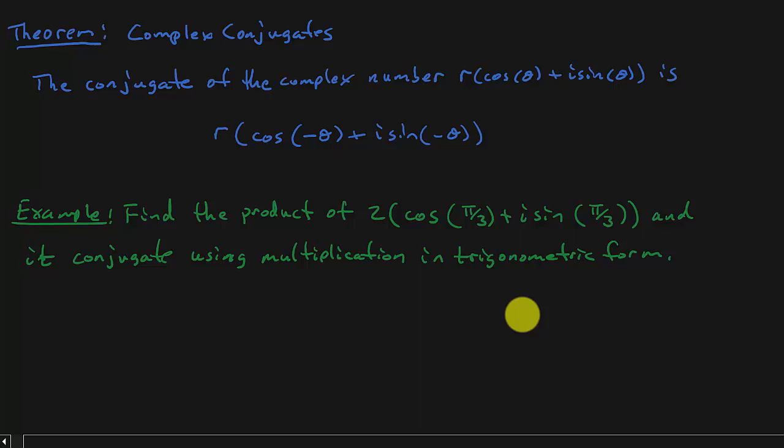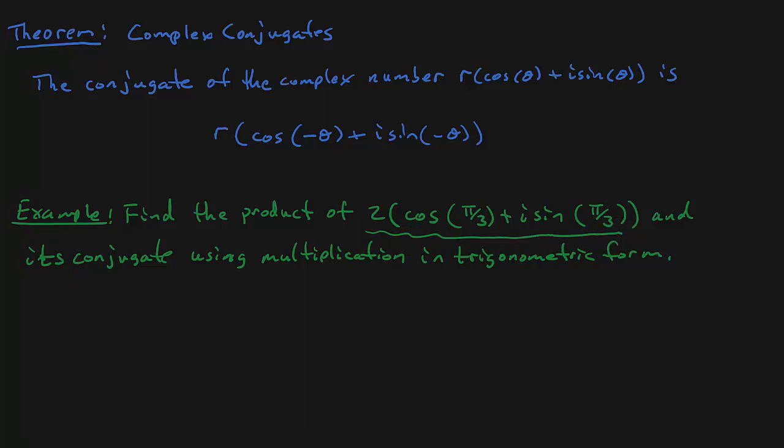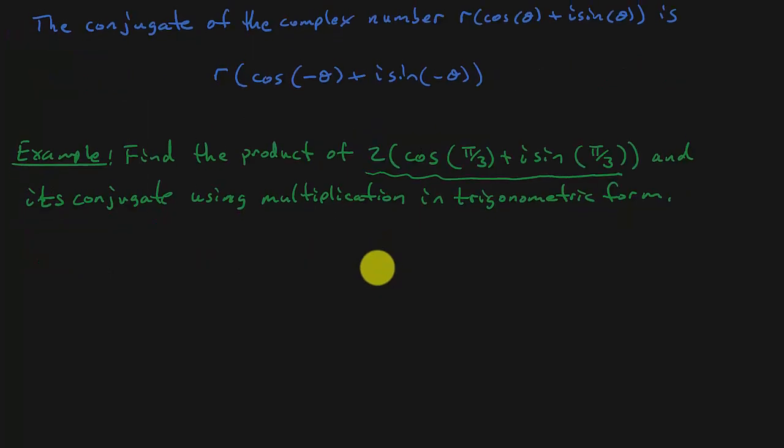And so what they want us to do here is find the product of 2 cosine pi over 3 plus i sine pi over 3 and its conjugate using multiplication in trigonometric form. So what they want us to do is multiply this times its conjugate and see what we get. All right, so let's do that. And by the way, this is the last problem of the video.